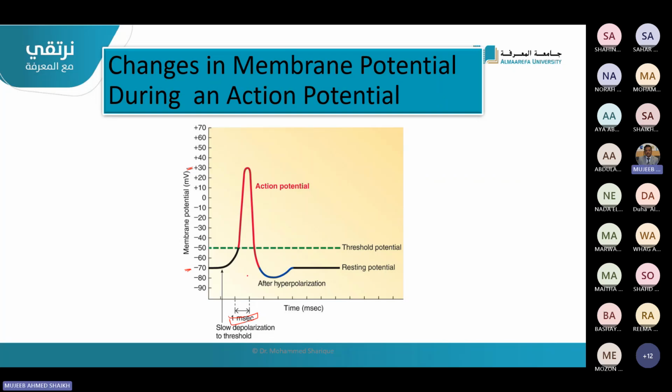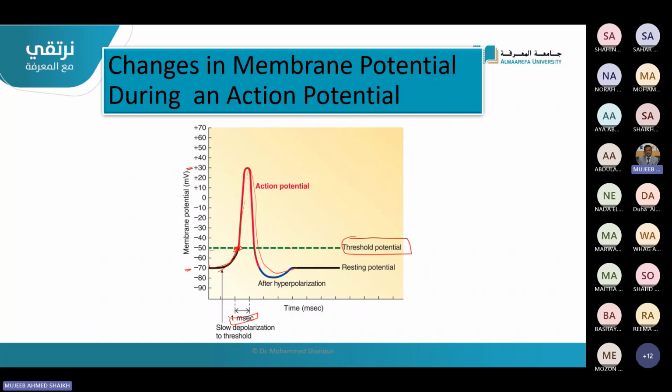Now you will see that there is a green line. What does this green line mean? The green line is the threshold potential. It means that when the potential of the cell membrane reaches a minimum required level, suppose minus 70 to minus 50, it will start to have an action potential.